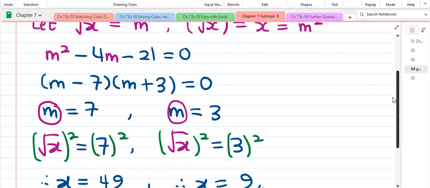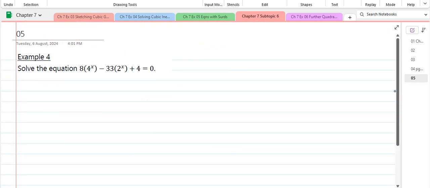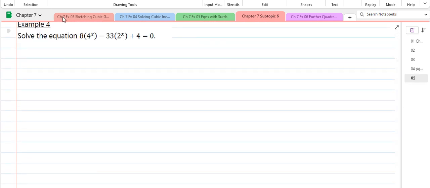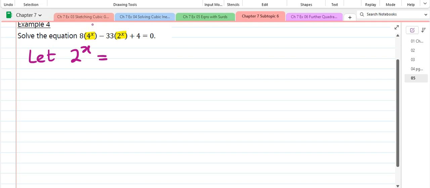Alright, so let's move on to the last one. Okay, here you have, solve the equation 8 times 4 power x minus 33 times 2 power x plus 4 equals to 0. In this equation, you can see 4 power x and 2 power x. Let's choose the lower base, which is 2 power x, to be replaced with an alphabet.